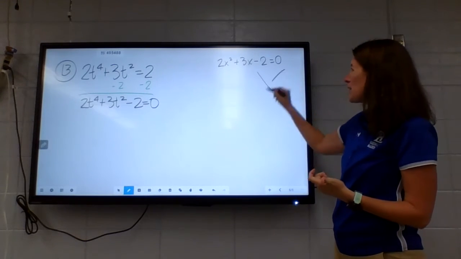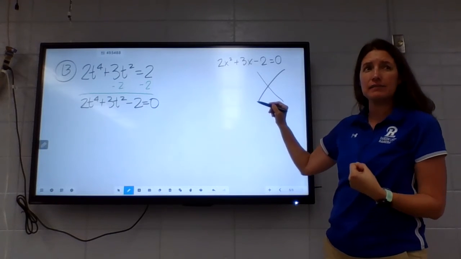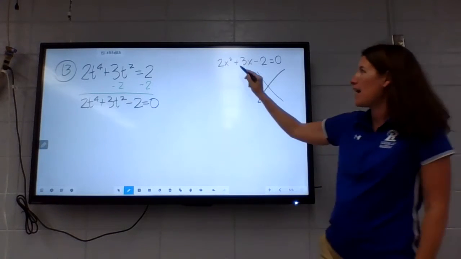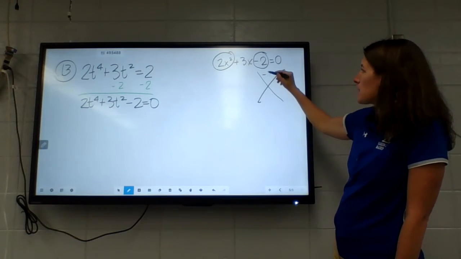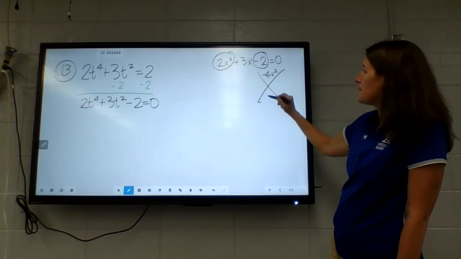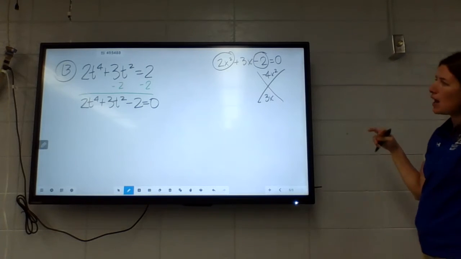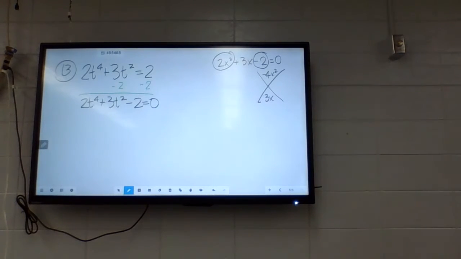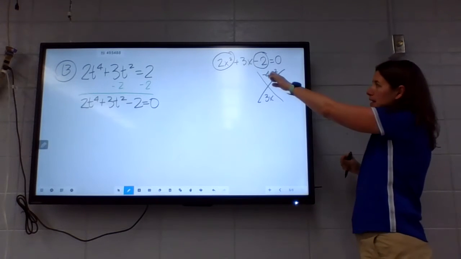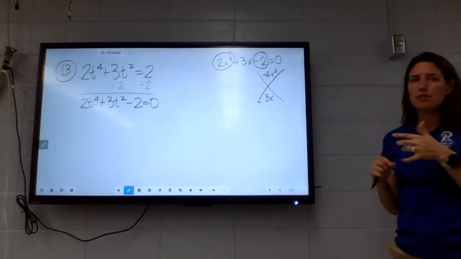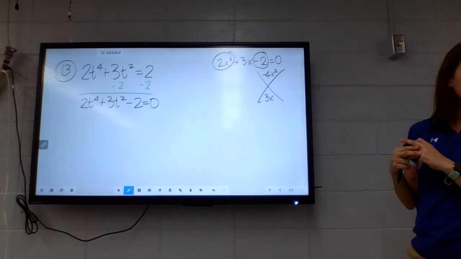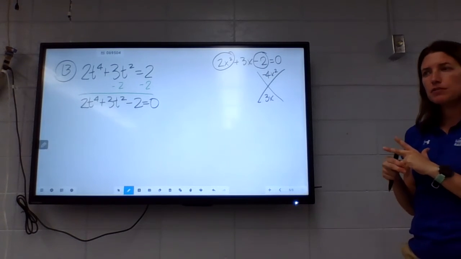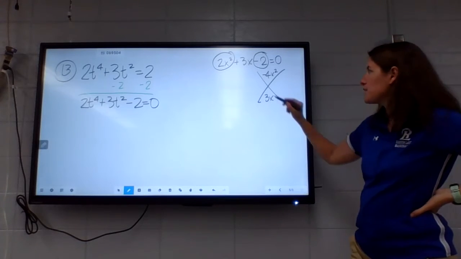Otherwise, when I taught you guys, I probably taught you with this x thing, where I multiply these two terms together. So that goes on top. And then on the bottom, that's going to tell me how to split those middle two terms up. So I want to multiply to -4 but add to +3. Multiply to -4, add to +3. 4 and -1.